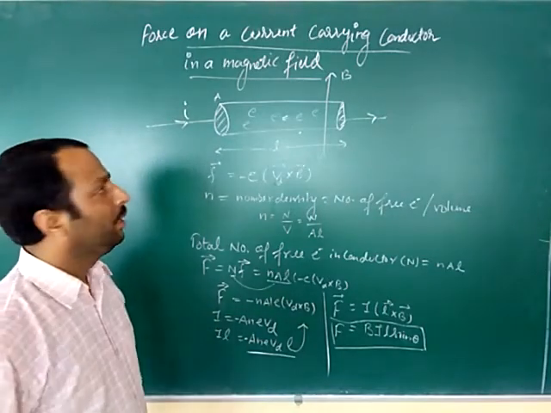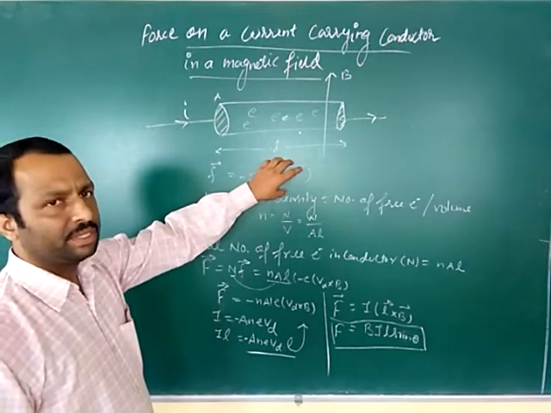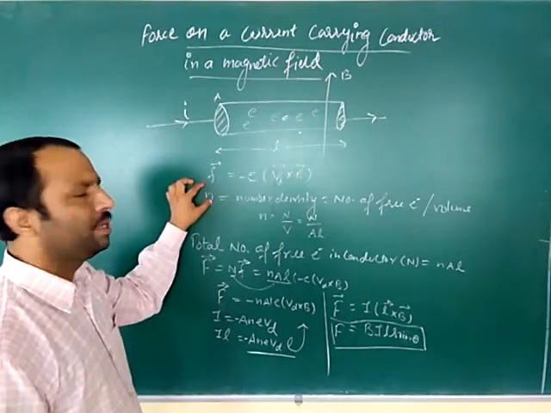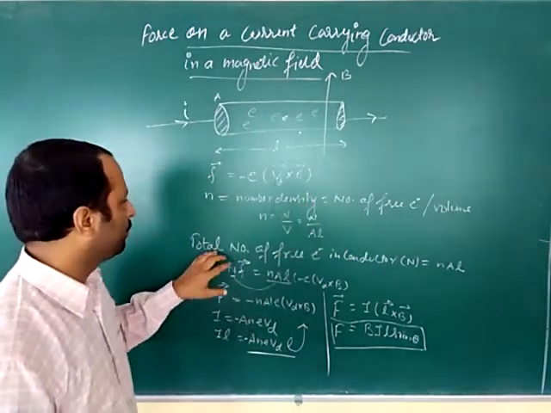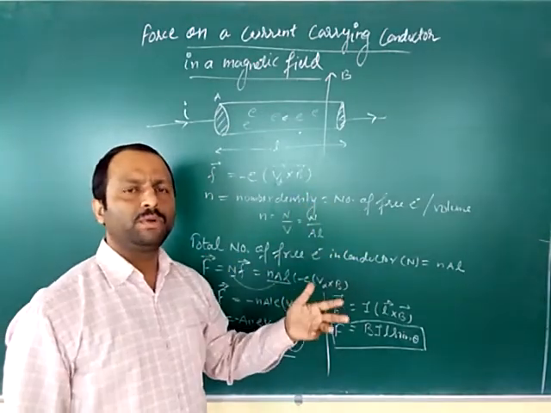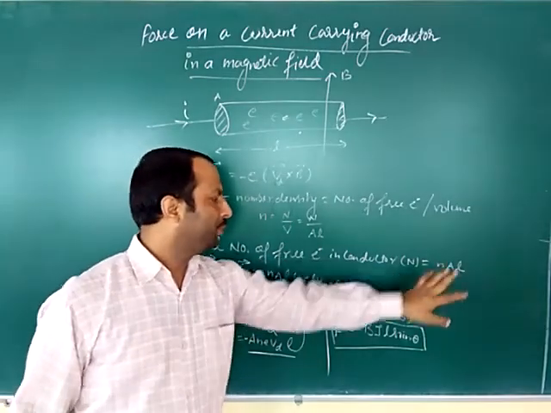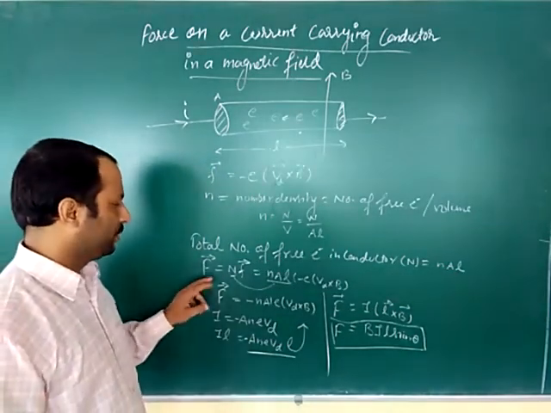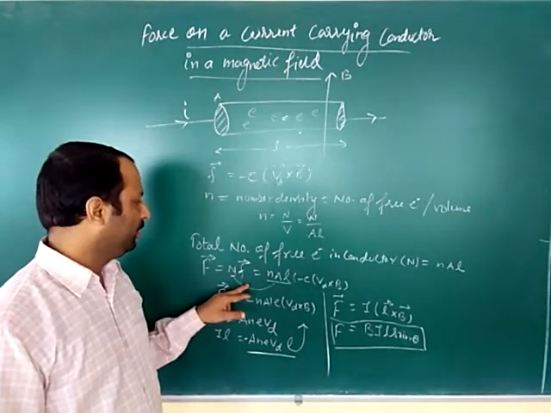Let us recap. Here we have calculated the force experienced by a single electron. Small n is the number density, the total number of free electrons per unit volume. So we have calculated how many total free electrons are there, that is small n A into L. Total force is the total number of free electrons into the force experienced by a single electron.